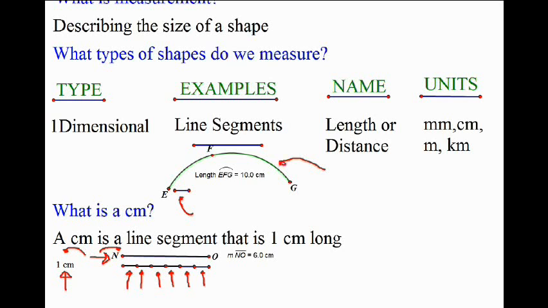So that's a general introduction to measuring the size of one-dimensional shapes using centimeters. In future lessons, we'll talk about the relationship between these units between millimeters, centimeters, meters, and kilometers.